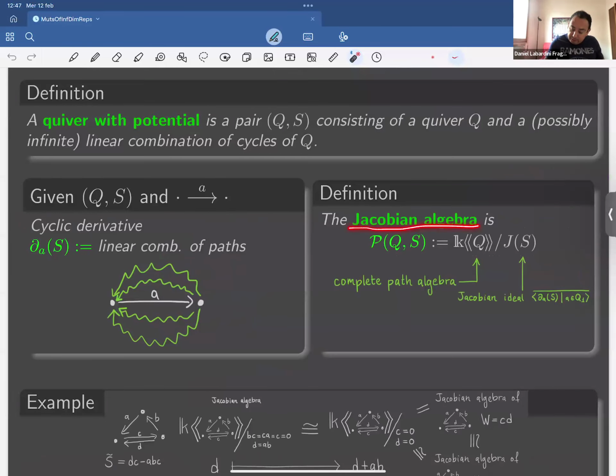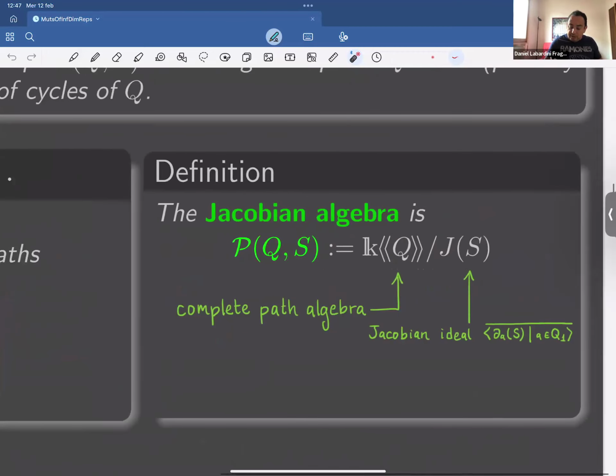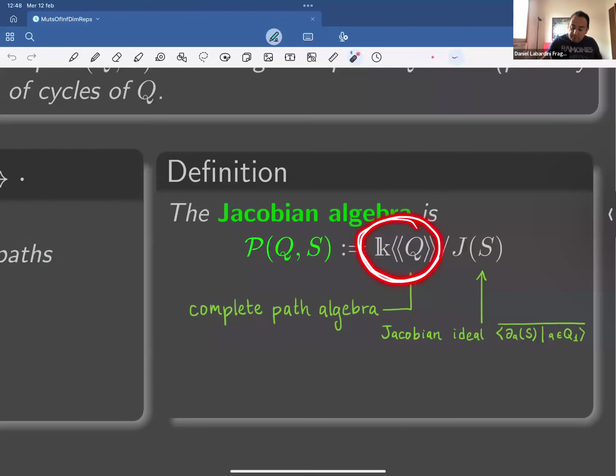And the Jacobian algebra is, well, let's say, one would like it to be just the path algebra of the quiver modulo the ideal generated by all the cyclic derivatives. Now, for technical reasons, that doesn't quite work. That's not quite the correct setting. One has to take the complete path algebra of the quiver, whose elements are all the possibly infinite linear combinations of paths.